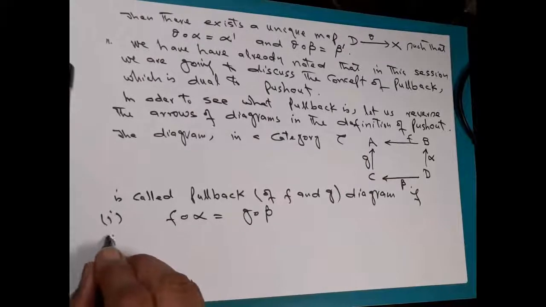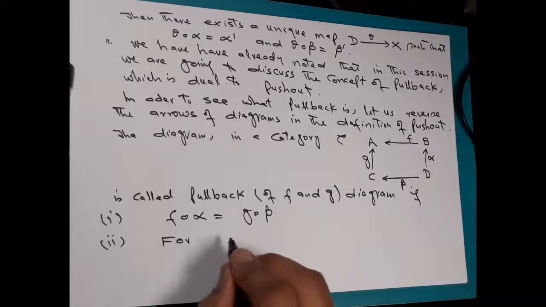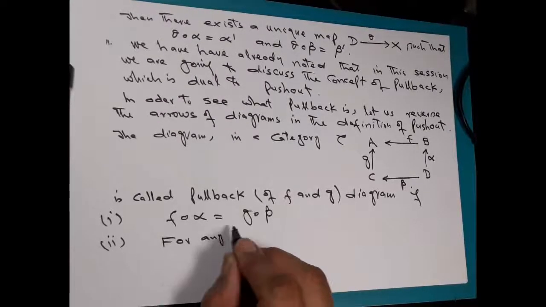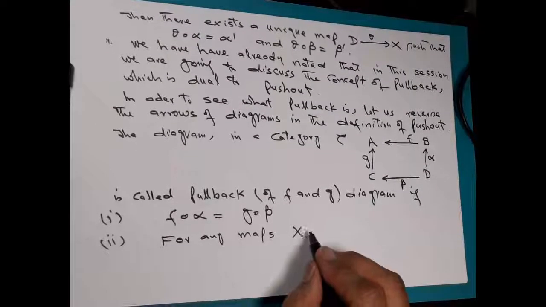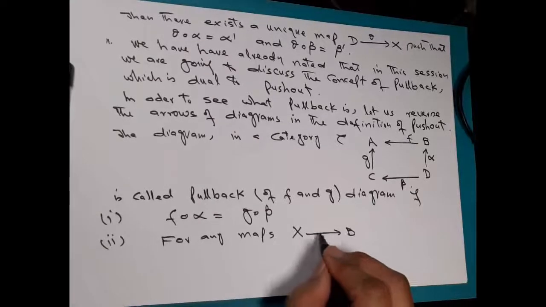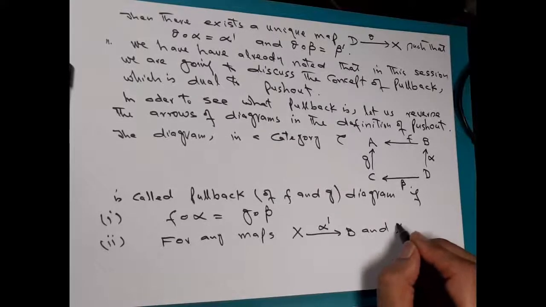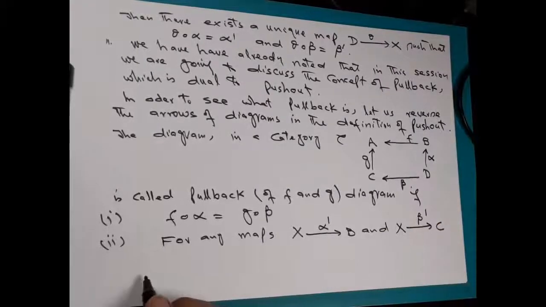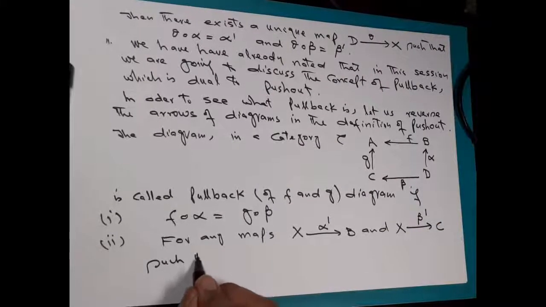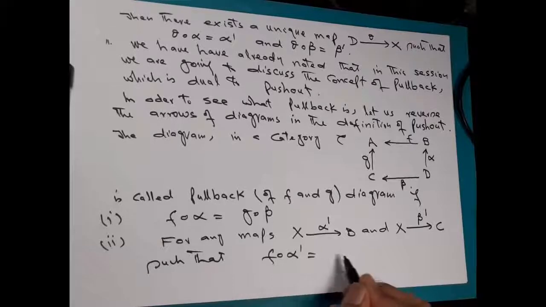And then the second condition is for any maps from an object X to B, let's call it alpha dash, and from object X to C, let's call it beta dash, such that F composed with alpha dash is equal to G composed with beta dash.